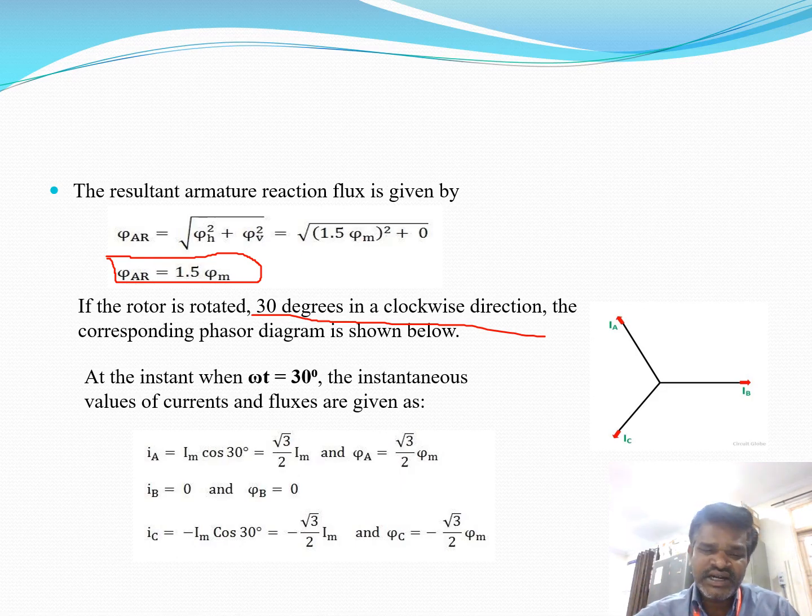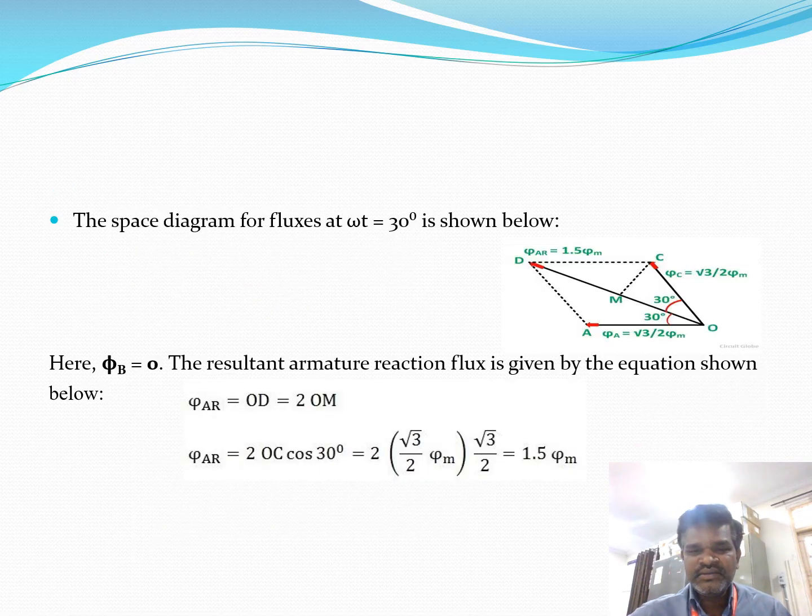If the rotor rotates 60 degrees or 90 degrees or 120 degrees, whatever the rotation of the rotor, always in case of an alternator or a synchronous generator, the resultant MMF or flux produced is equal to 1.5 times the maximum flux.